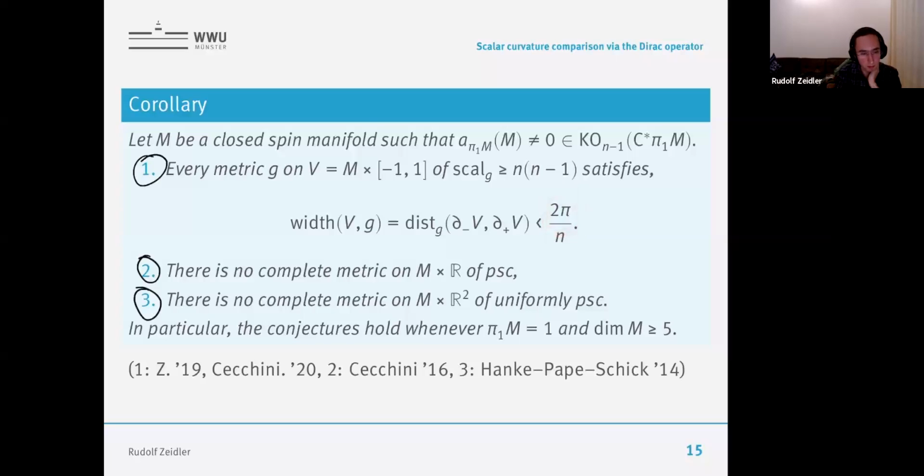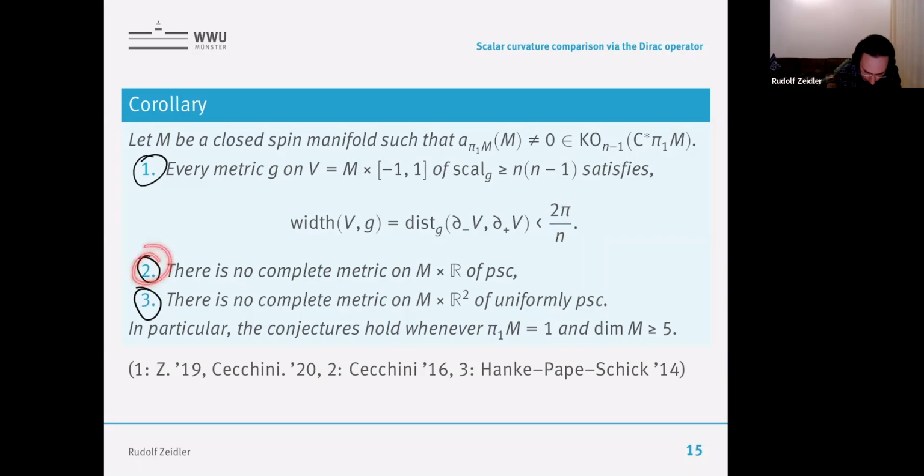And this was improved at the beginning of this year by Simone Cecchini to 2 pi. And now the approach that I'll mention today slightly improves this because it improves this inequality, which was non-strict before, to a strict inequality.